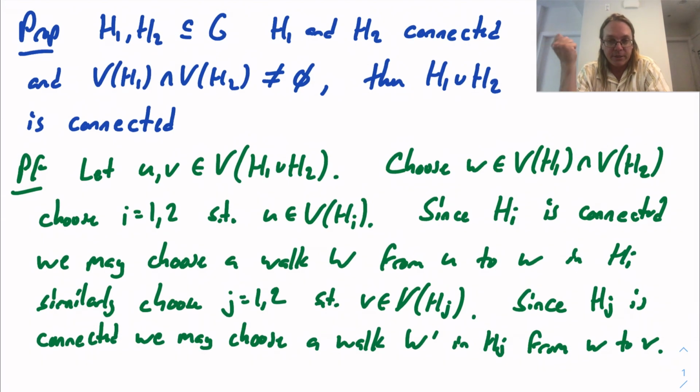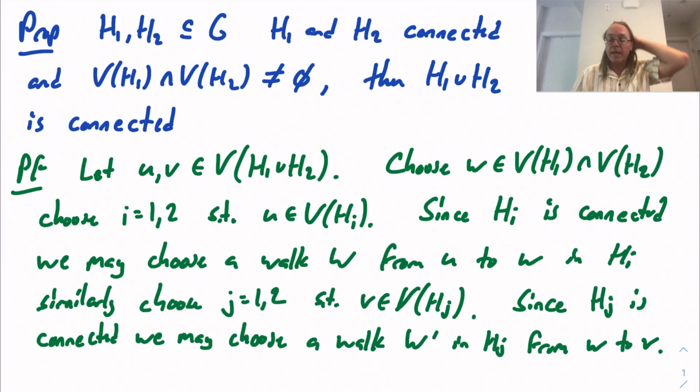I'm just going to pick J equal 1 or 2 so that vertex V is in H sub J. I know the vertex W is also in H sub J because W is in both H1 and H2. And now because the subgraph H J is connected and both W and V are vertices of it, I can choose a walk W prime that exists in this subgraph H sub J from our little w to V.